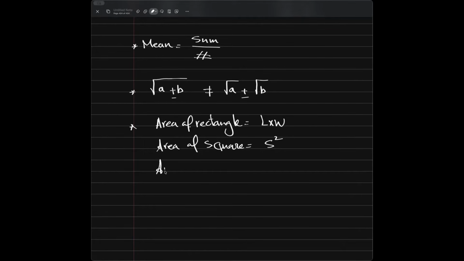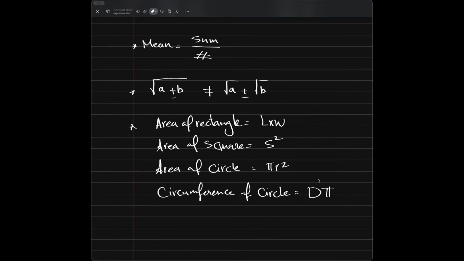Also, you have to know that the area of the circle is pi r squared, and the circumference of the circle equals diameter times pi.